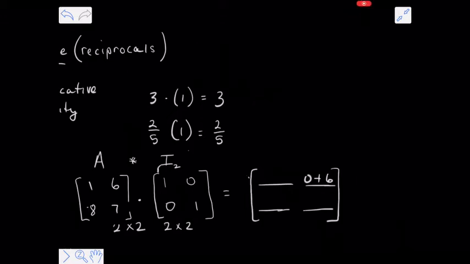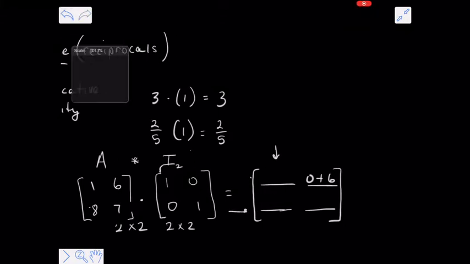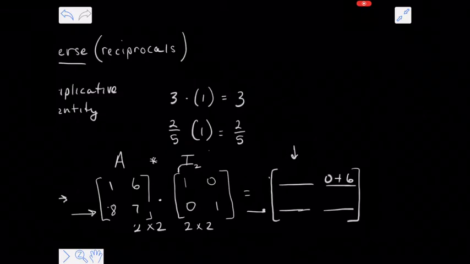And then we continue the process to find the other 3 entries. For example, this entry here, that's in row 2, column 1. So I would need row 2 here, column 1 there.